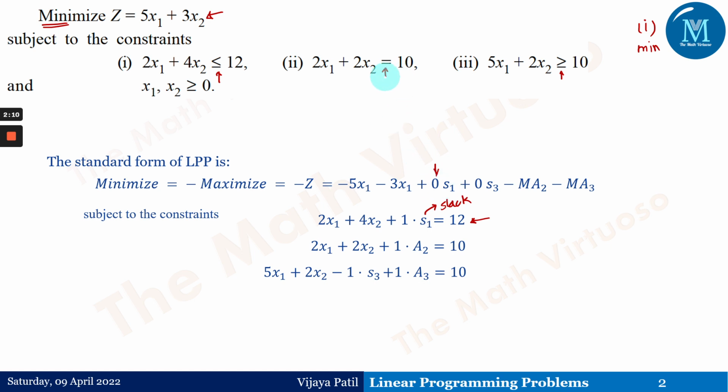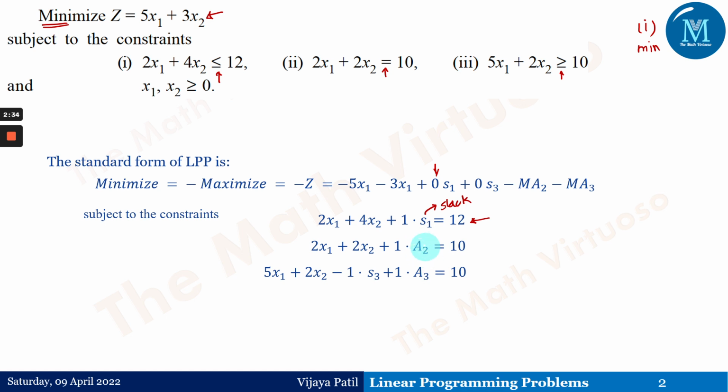Looking at the second constraint, we have this constraint as an equality. So we do not have to add or subtract a surplus or slack variable in the second constraint, but as we are seeking the answer for the LPP, we have to add an artificial variable to reach the initial basic feasible solution.